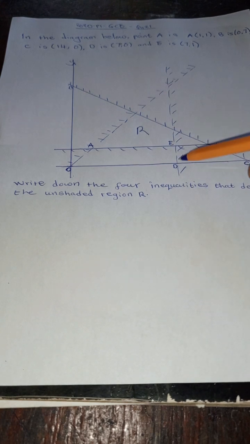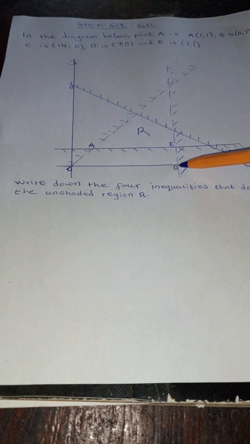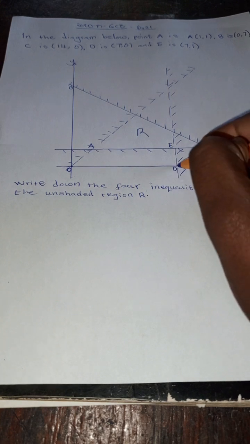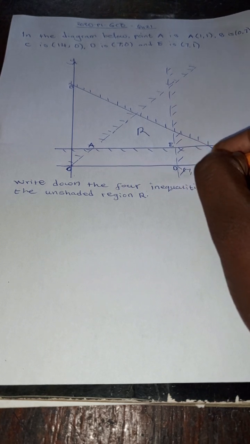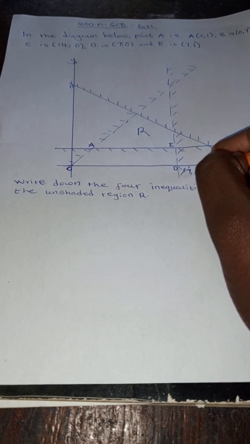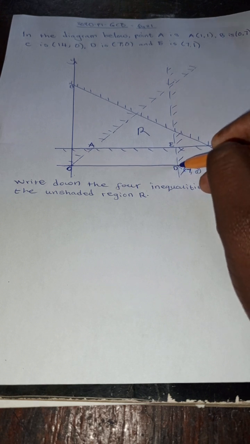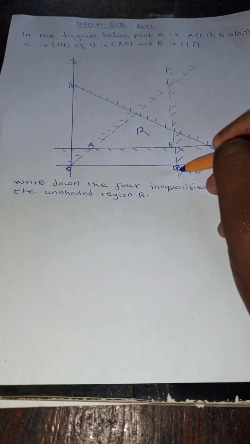So if you look at this line, it's passing through D, where the coordinates are (7,0), and 7 represents the x-axis, 0 represents the y-axis. So it's passing where the value of x is 7.